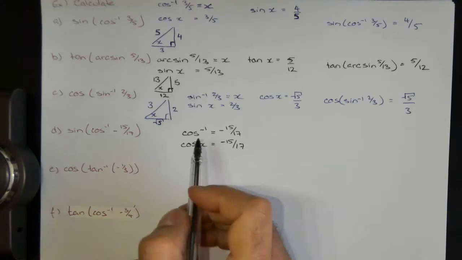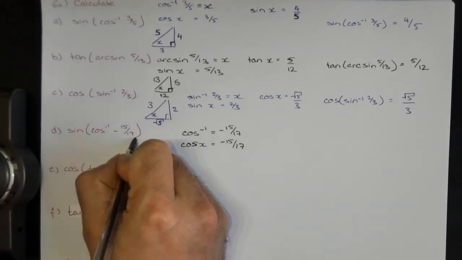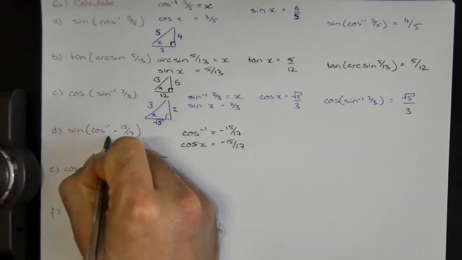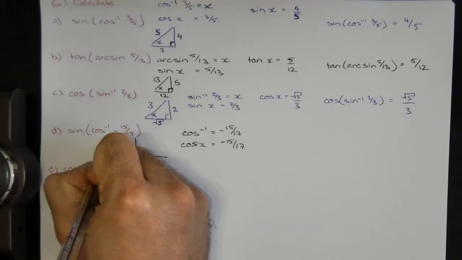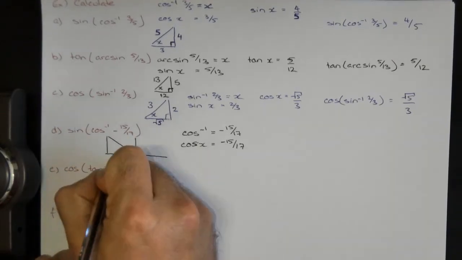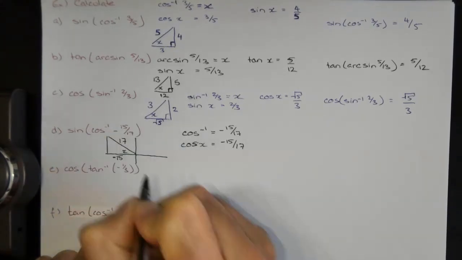This is a negative value, so technically it's going to be in the second quadrant. Let's say that's x. I've got my adjacent of 15 and my hypotenuse of 17.